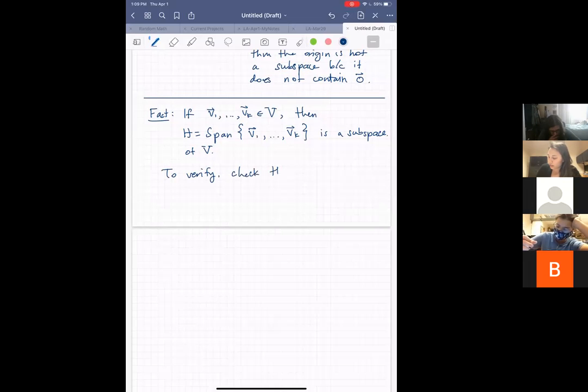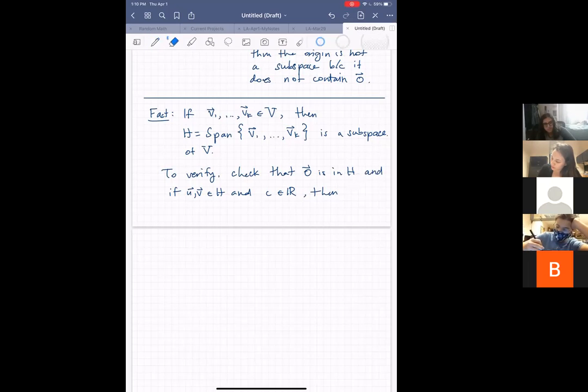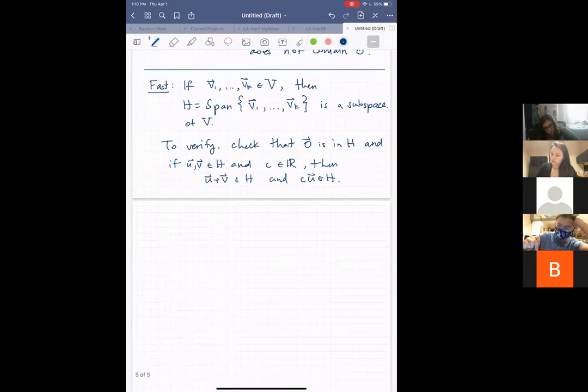So you just want to check that 0 is in H, and that if u and v are in H and c is a constant, a real number, then you have both u plus v is in H and c times u is in H. Right?